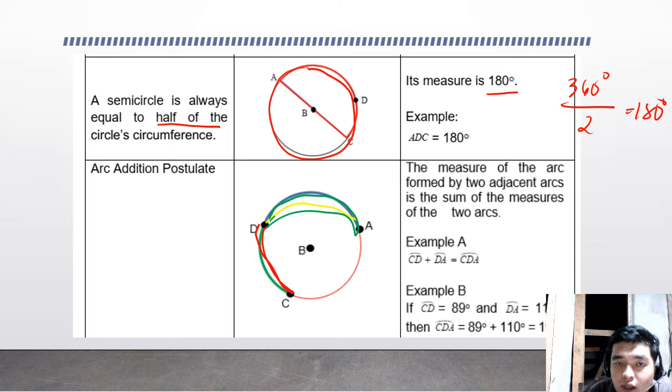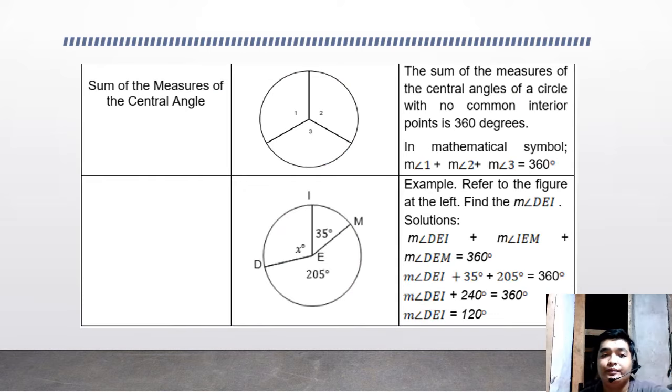If you add the measure of this arc plus the measure of this arc, then you can get the major arc. You just add those, that is the arc addition postulate.